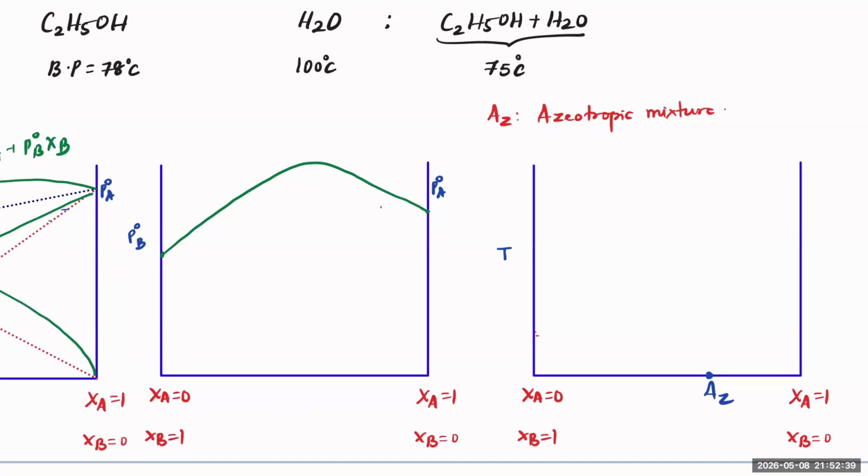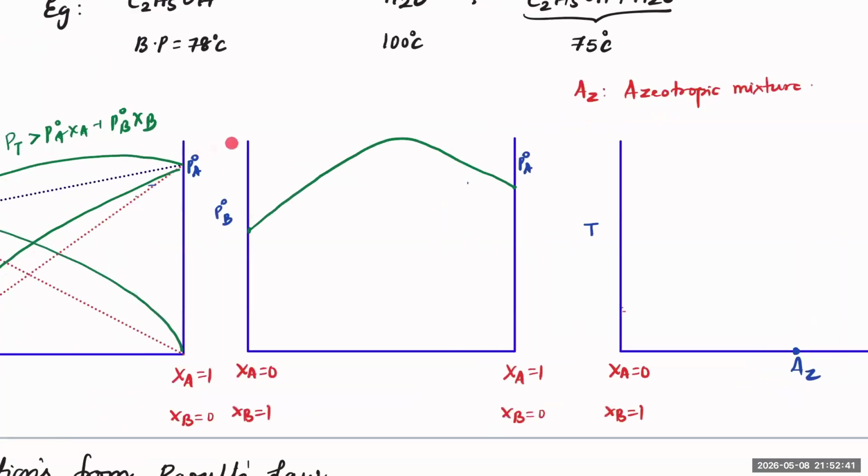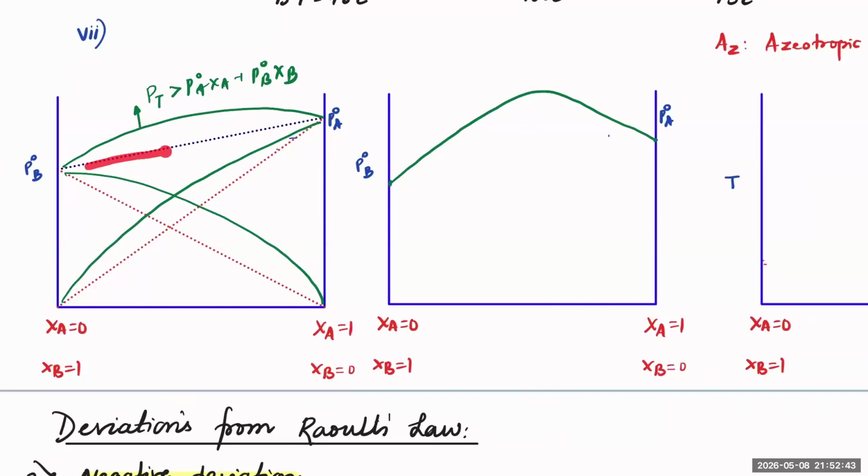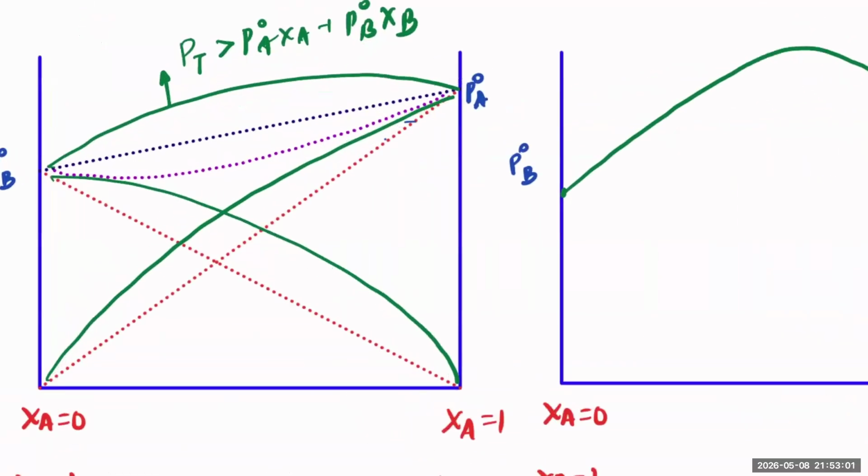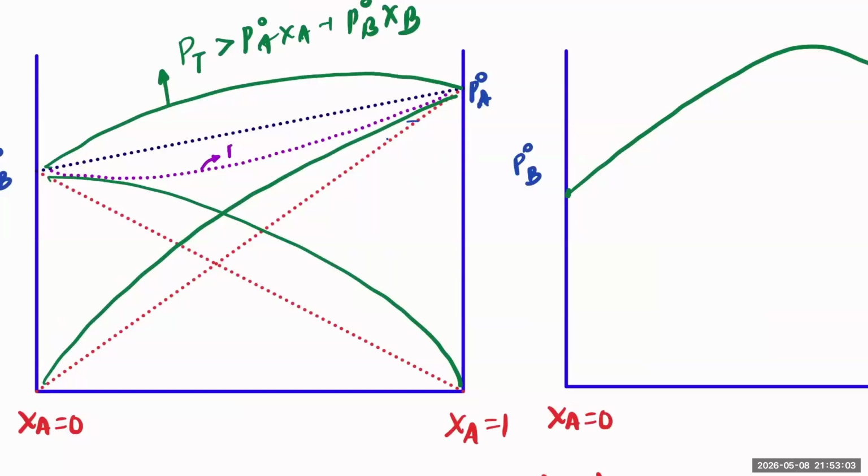Okay. And this line, if you remember, was the total pressure line. And if you remember, its total pressure curve will also be like this, in terms of the mole fraction in the liquid state.